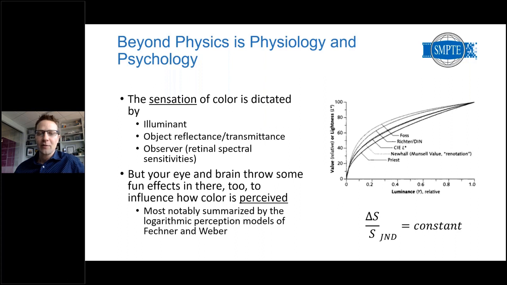And quite famously, one of the first characteristics of perception differing from physics that we like to show are the Weber-Fechner models of perception in the luminance versus lightness representation you see on the right. So what does luminance versus lightness mean? Or more appropriately here, I'm sorry, lightness versus luminance, Y versus X.